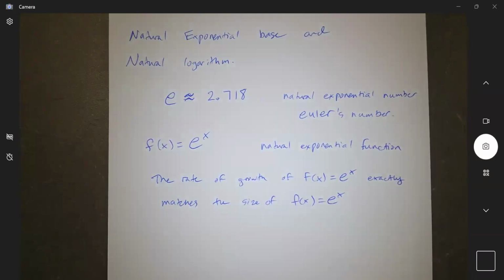There's only one number in the universe that does that, and that's the e to the x. Actually, maybe 0 does that as well. Two numbers in the universe that do that, 0 and Euler's number.